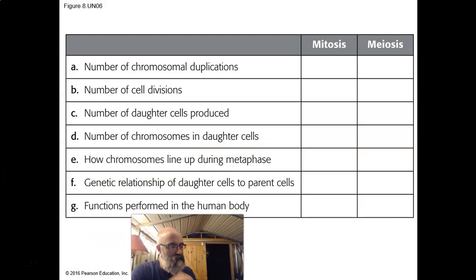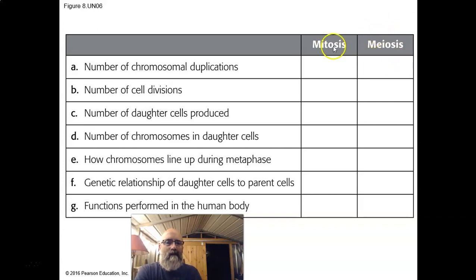Okay, so 3 differences between mitosis that happens in my body and meiosis that happens in my gonads, right? The number of chromosomal duplications. What do you think? How many chromosome duplications happen in mitosis? 1. Okay? Very good. You guys are sharp.